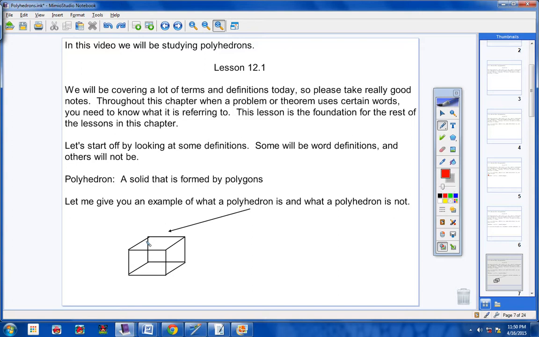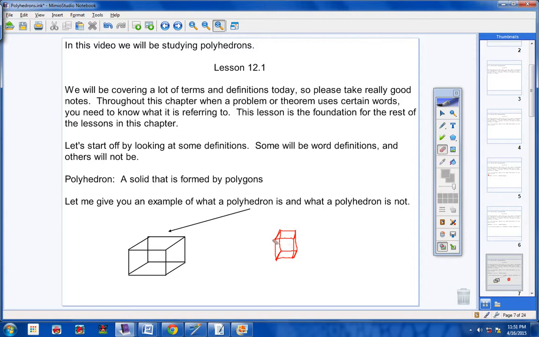They're all polygons. So basically what you have is this for the top, you have this for the bottom, okay? For the side, you would have this rectangle right here. For this side here, you would have this rectangle here. And then, of course, the back and the front are rectangles.